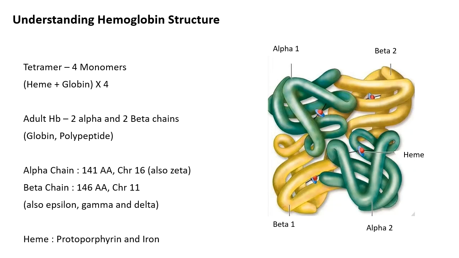The alpha chain is 141 amino acids and the gene is encoded on chromosome 16, while the beta chain comprises 146 amino acids. The gene is present on chromosome 11. Now, beta-like chains are also epsilon, gamma and delta. Heme, as you all know, comprises protoporphyrin and iron.